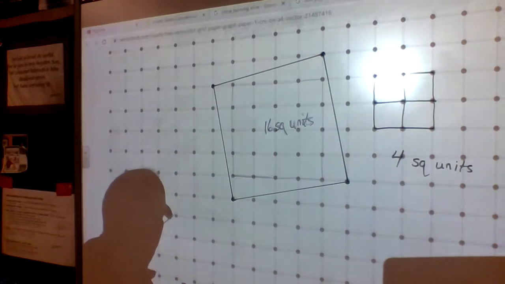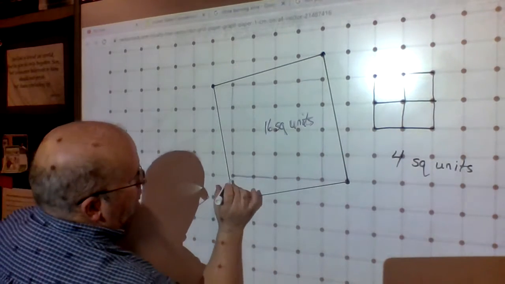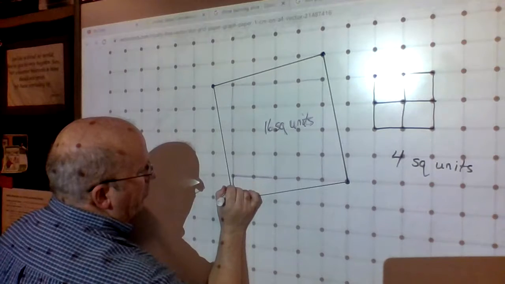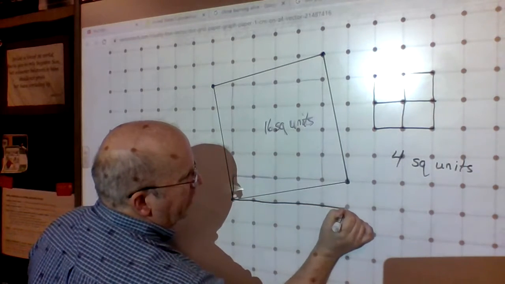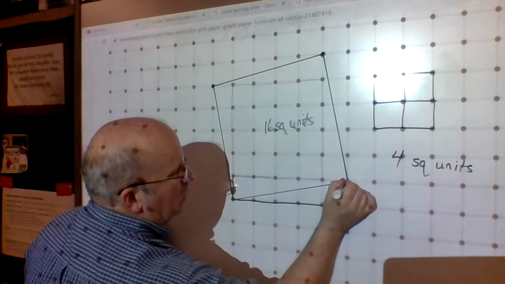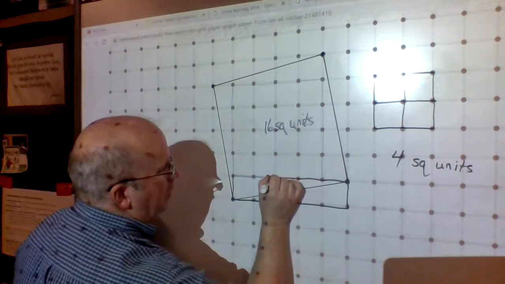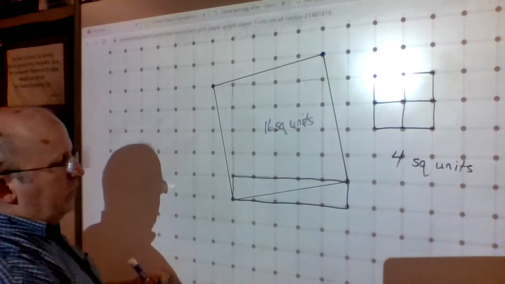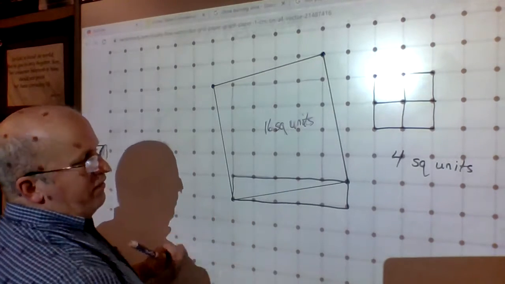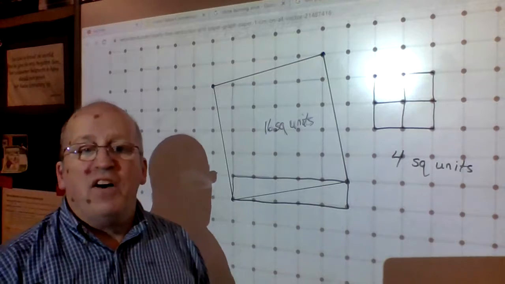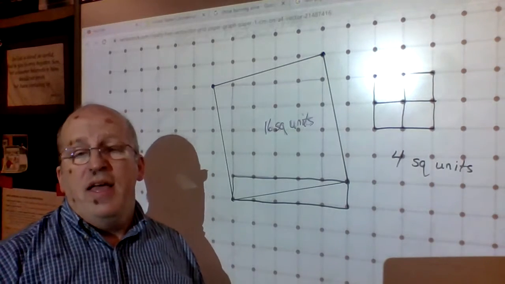But we still have these sections here, here, here, and here. How would we figure that out? Well, watch what I'm about to do. Carefully, please. You'll notice I'm creating a rather long rectangle. And this rectangle is 1, 2, 3, 4, 5 units in size.